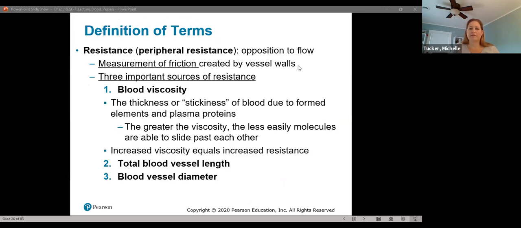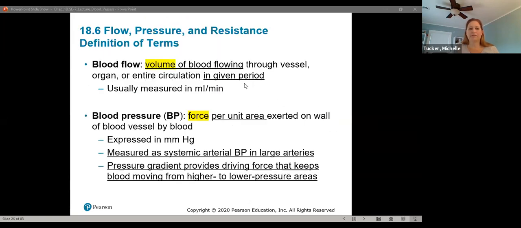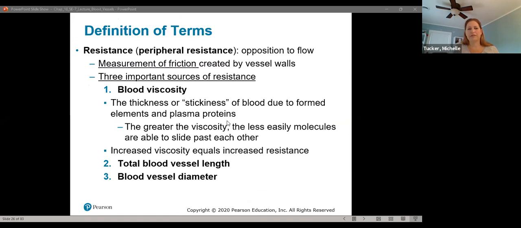Resistance is opposition to flow. Blood flow is directly related to blood pressure or force. So the greater the pressure gradient, the greater the blood flow, but it's inversely related to resistance. As resistance increases, blood flow will decrease.